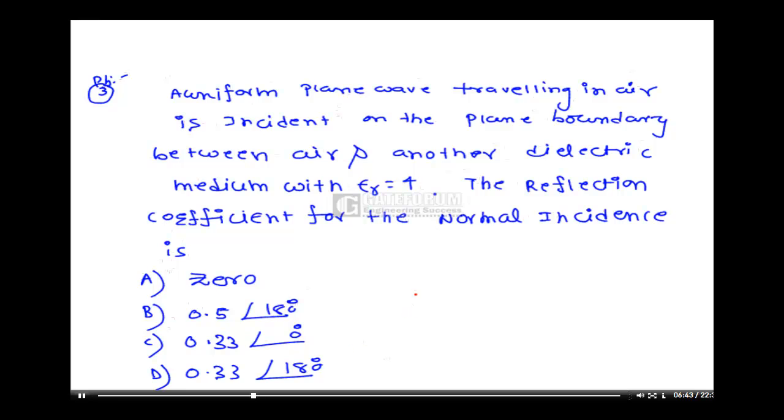The solution to this problem is, here there are two media, one is air, another one is a dielectric with epsilon r equal to 4. Normal incidence. What is the reflection coefficient they are asking?